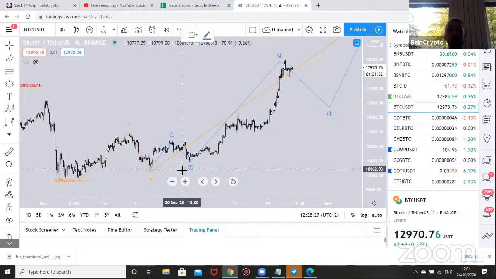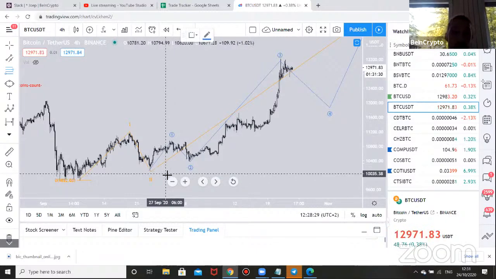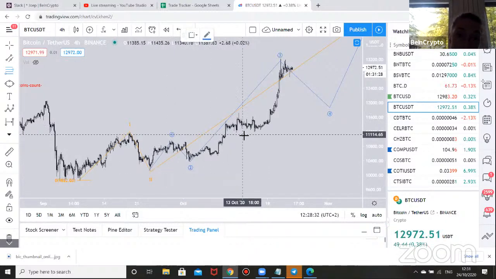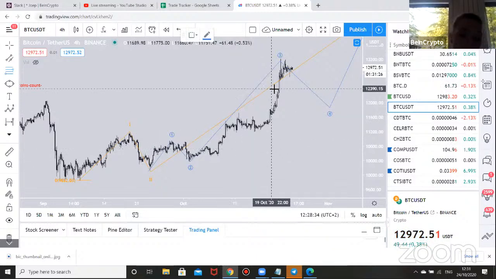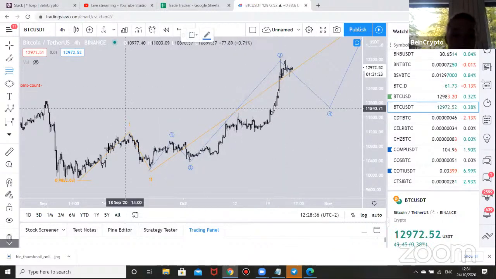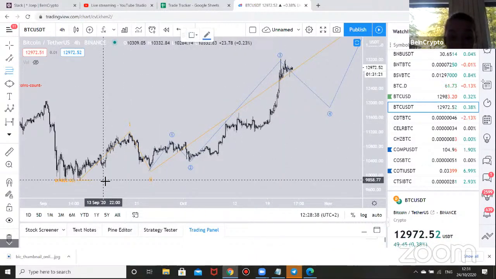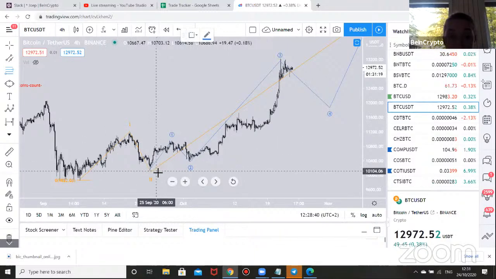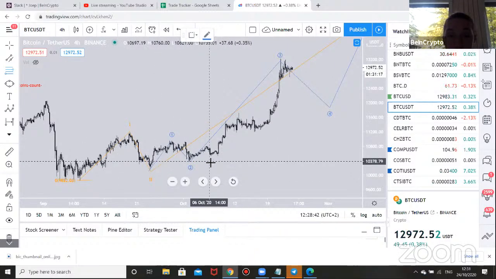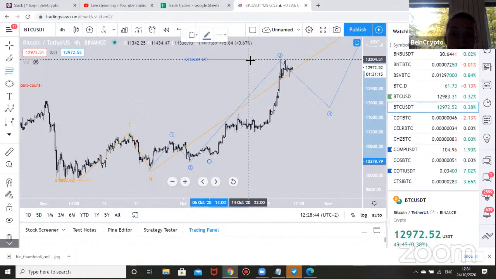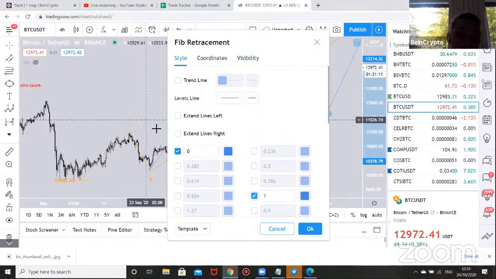Now, whenever I use a fib retracement tool, I always use it only on the wave which is going to retrace. So in this case, I will not use a fib from down here, and neither will I use a fib from down here, but I will use it from here, because this is subwave 3, right? And this is the only movement which is currently correcting.